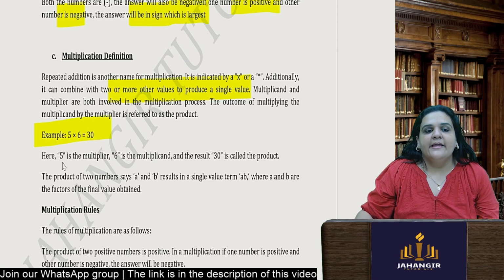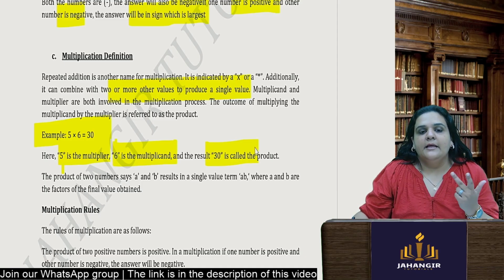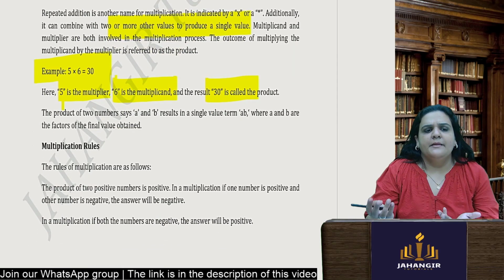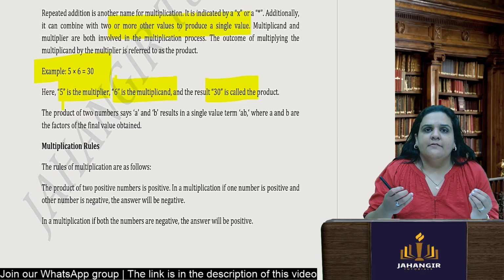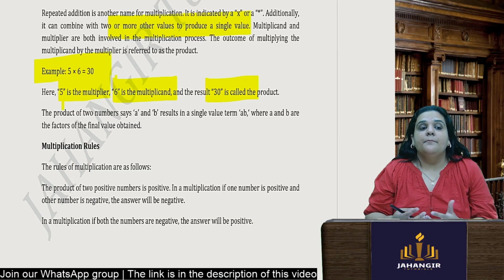Here 5 is the multiplier and 6 is the multiplicand, and the result 30 is known as the product. Multiplier, multiplicand and the product. So if A and B are given, you can multiply and get the product.